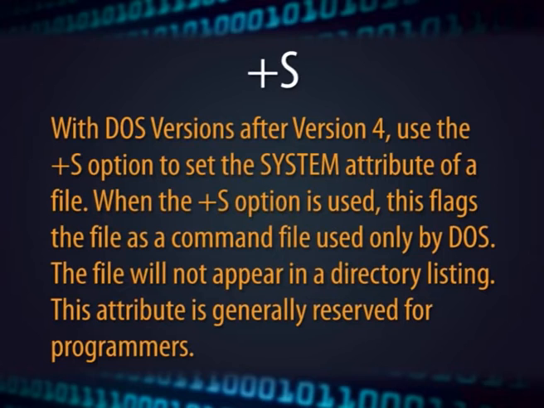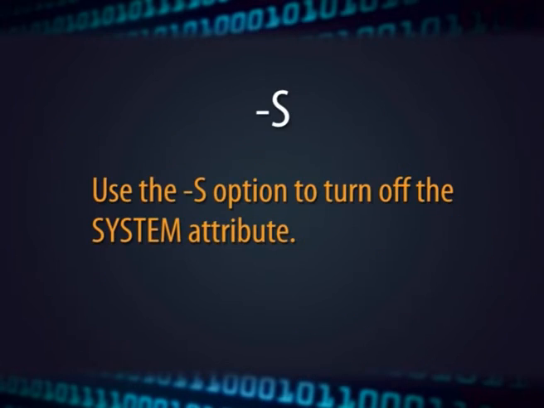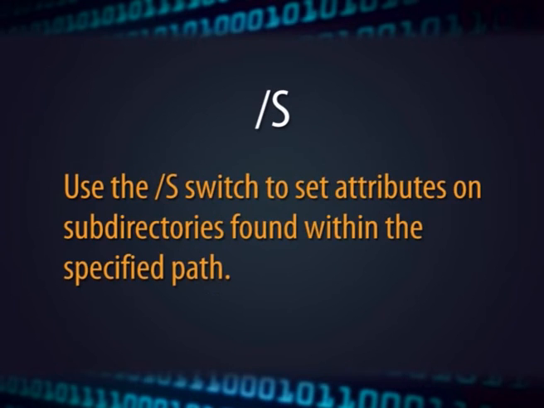This attribute is generally reserved for programmers. -s. The -s option is used to turn off the system attribute. /s. The /s switch sets attributes on subdirectories found within the specified path.